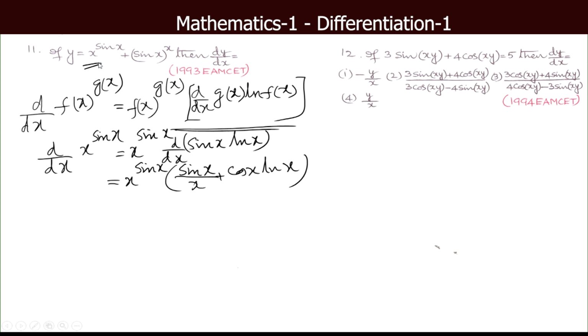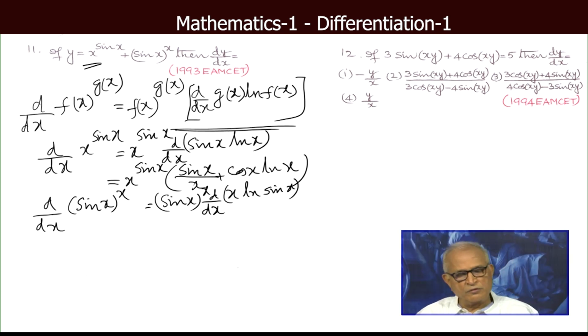Well, let us take up the derivative of the second term, derivative of sin x whole power x, sin x whole power x into derivative of x into log sin x.